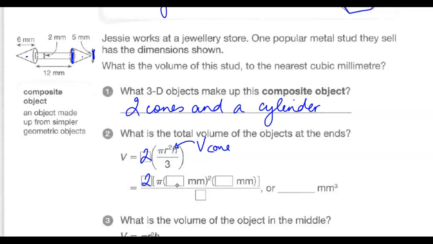We'll need to put in the radius. The diameter, as I said, was 5 millimeters, so the radius is 5/2, which is 2.5. That'll end up being squared. And then the vertical height: these are on their side, but the actual height of the cone is 6 millimeters. Then we have to divide by 3.